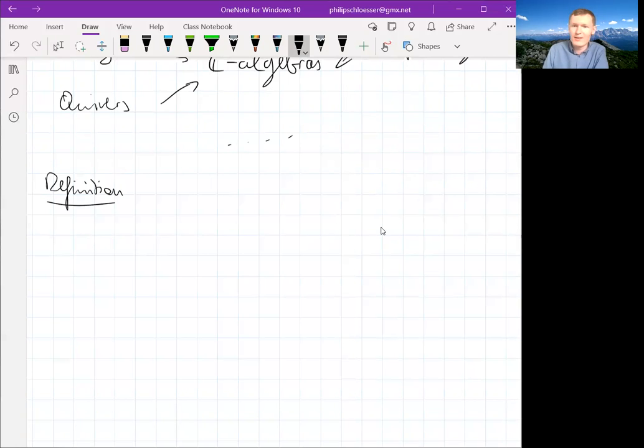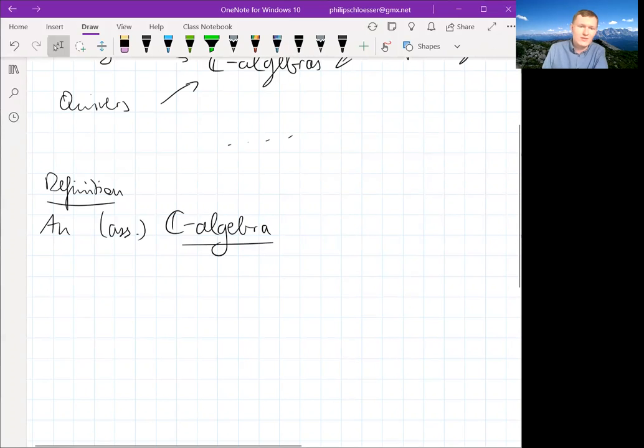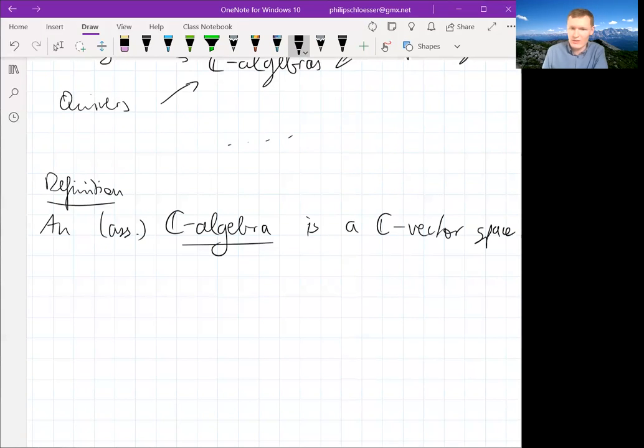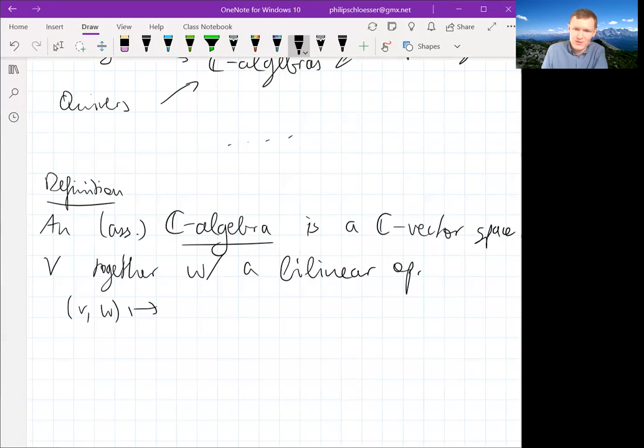So what is this thing we are talking about? What is an algebra? An associative algebra, or let's say C algebra, is a complex vector space V together with a bilinear operation, multiplication, which we just represent by juxtaposition.